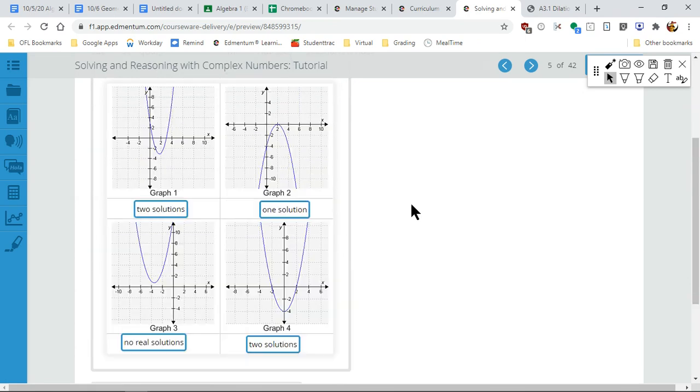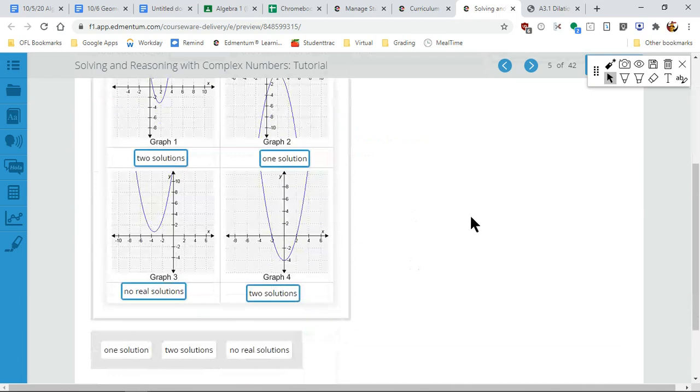I imagine we're going to cover this idea of the discriminant, b squared minus 4ac, in this module. Where is my pen? There it is. B squared minus 4ac. We're going to be looking at how this affects these problems.